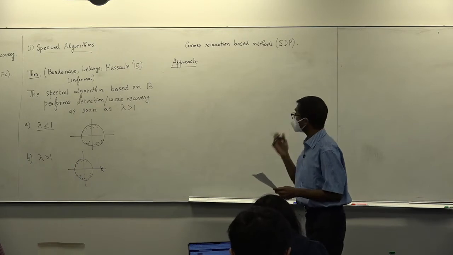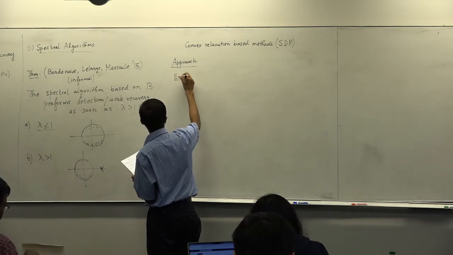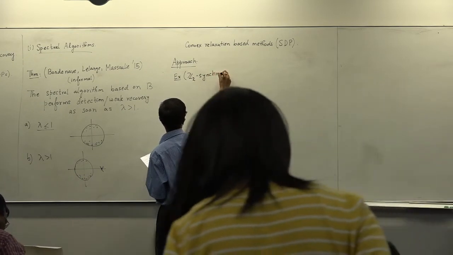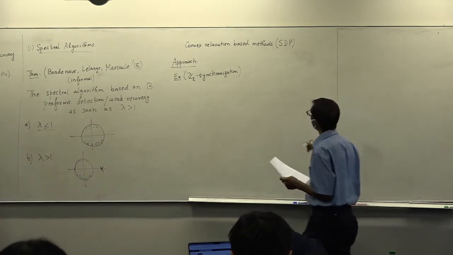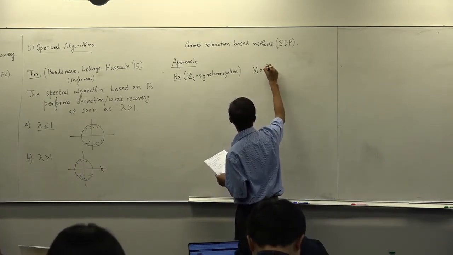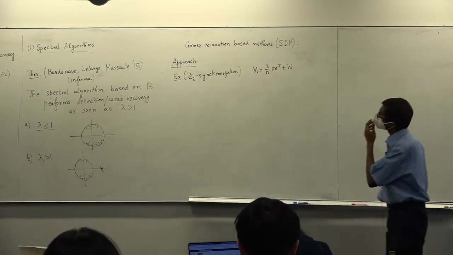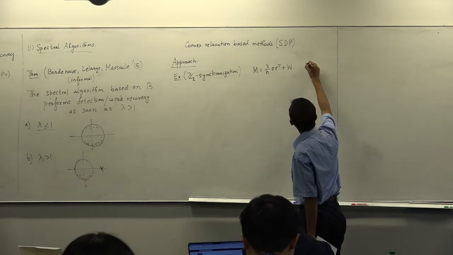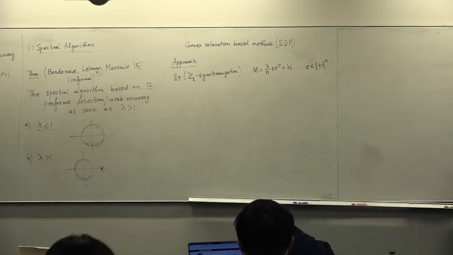But okay, so let's start again with our favorite example, which is Z2 synchronization. And you have again your matrix. So looking at this, you can say, well, my vector sigma I know is a vector of length n with entries plus or minus 1, right?